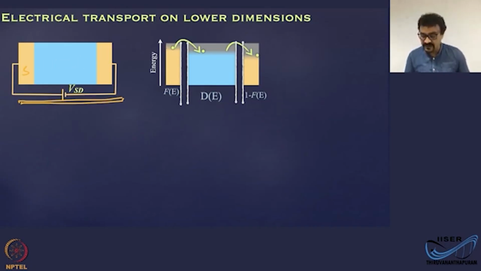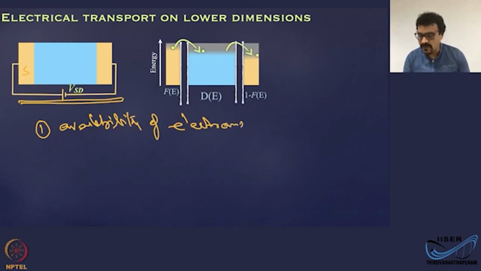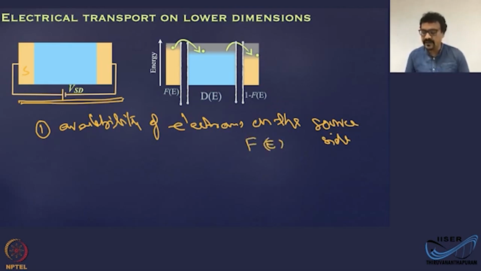But what we have not considered in this discussion, when we look at the classical treatment, Drude's treatment or Ohm's law, is number one, the availability of electrons on the source side, that is given by the Fermi distribution of the source side.